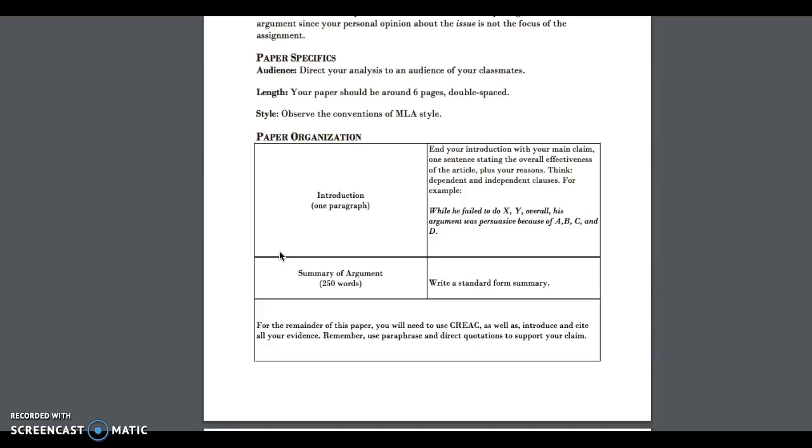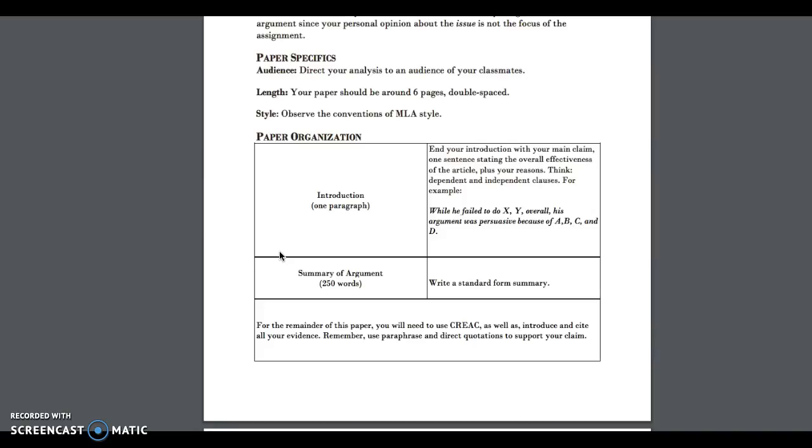I first look at the introduction and make sure that you start in an interesting way, whether you're talking about the topic or describing a situation that is found in the article or discussing the issue that the author is discussing in the article, just some way that leads to the main claim. So that one sentence that states the effectiveness of the article plus your reasons.